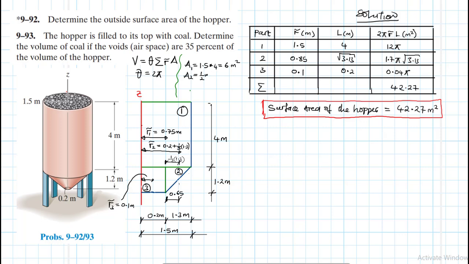A half by 1.2 by 1.3. What do we get when we do the multiplication? We get 0.78.